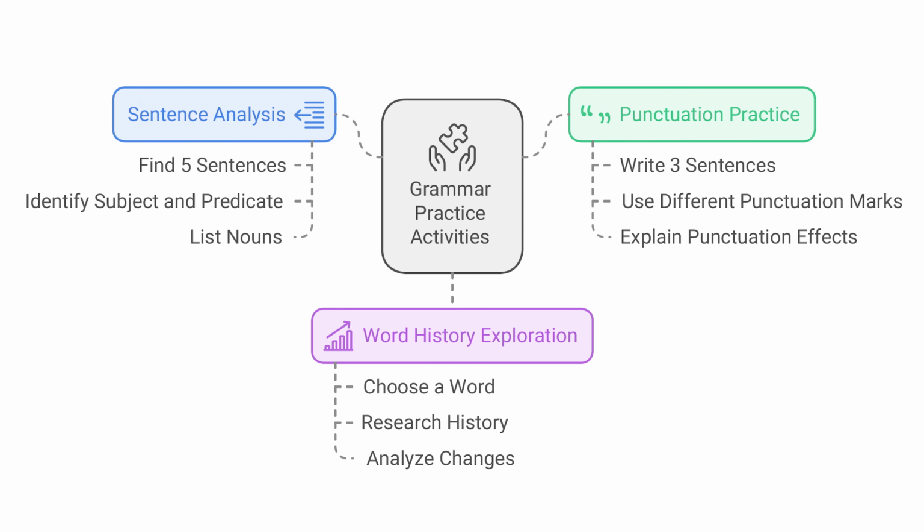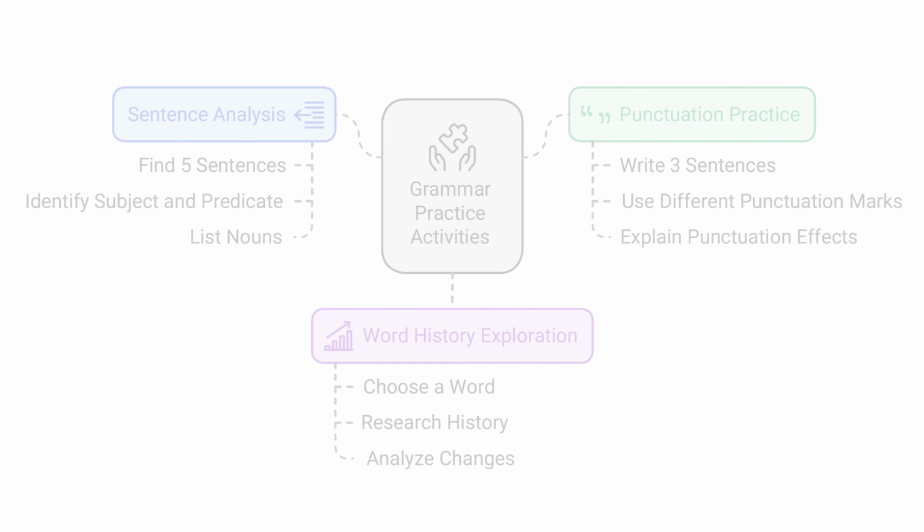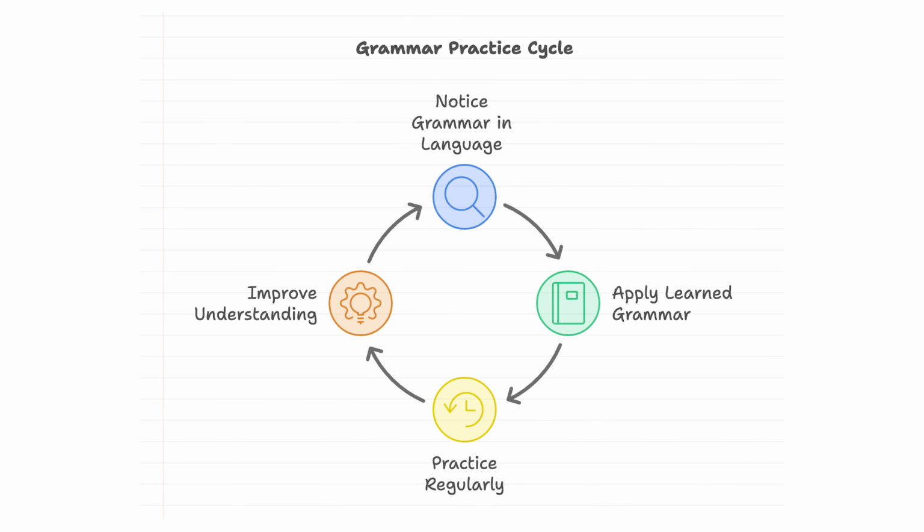Then explain how the punctuation affects the meaning or tone of each sentence. 3. Look up the history of one English word that interests you. How has its meaning or usage changed over time? This exercise will help you start noticing grammar in everyday language and practice applying what you've learned.